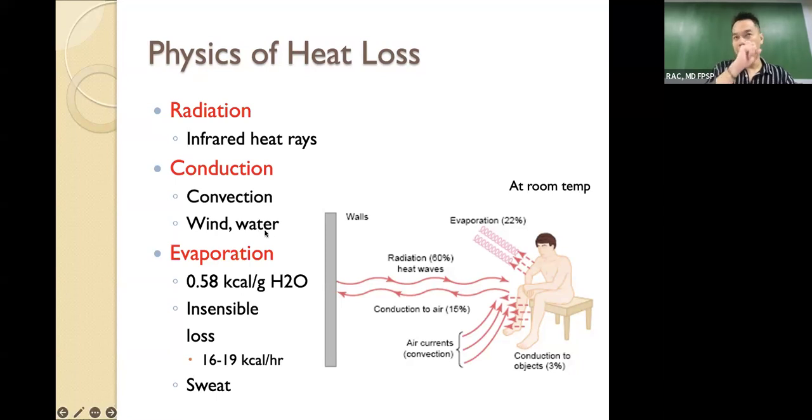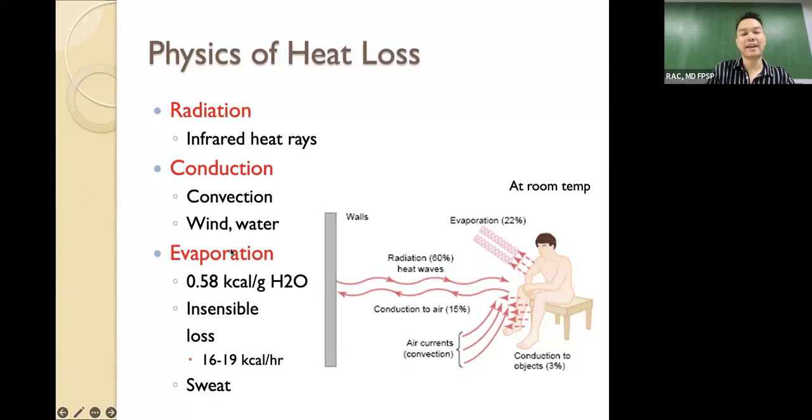So for example, if you sit in a tub of water which is still or not moving, and you compare that to, let's say, taking a shower, the rate of heat transfer is faster or higher when water is moving. So if you're taking a shower, then the rate of heat transfer is faster that way compared to sitting in a tub.